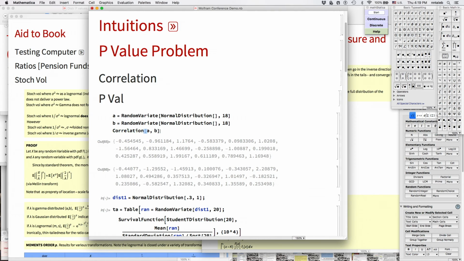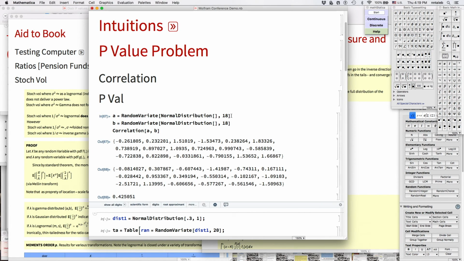42%. Okay, so this is something very elementary. We know, and actually there's an explicit distribution for this in dimension 2, the correlation distribution.